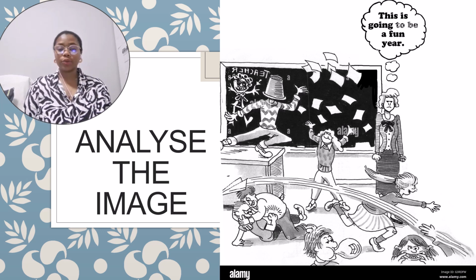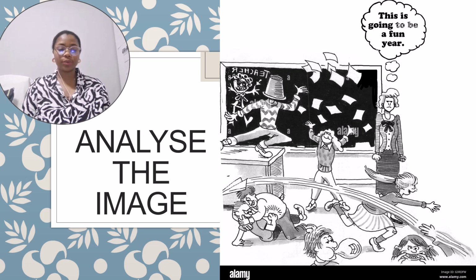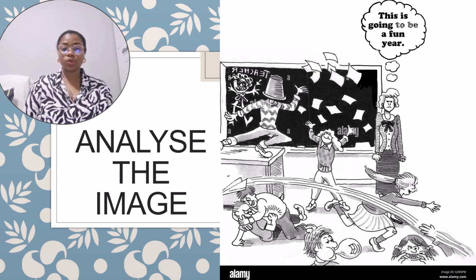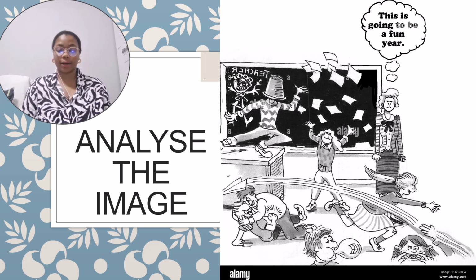There is one learner throwing papers up in the classroom. There are two learners fighting on the floor. There is one learner that is throwing a paper plane in the classroom, which can hurt another student by hitting them in the eye. There is also one student on the table that's dancing with a bucket on their head, which is very dangerous because the child can fall and hurt themselves.